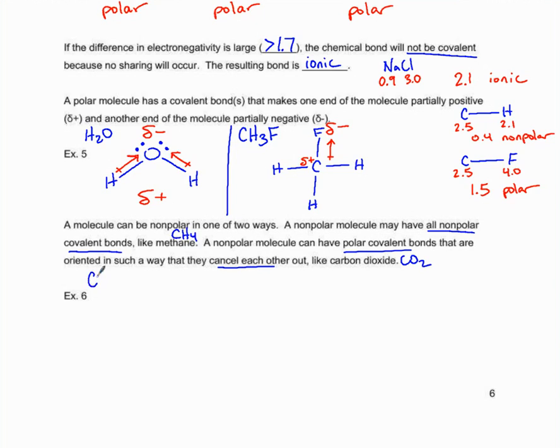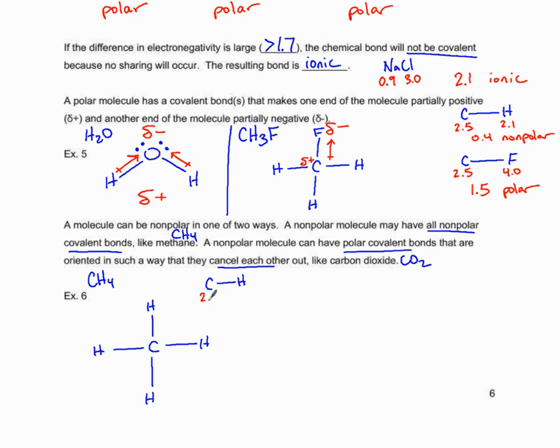So for CH4, we have carbon in the middle, attached to 4 hydrogens with covalent bonds. So let's look at a single carbon to hydrogen bond.